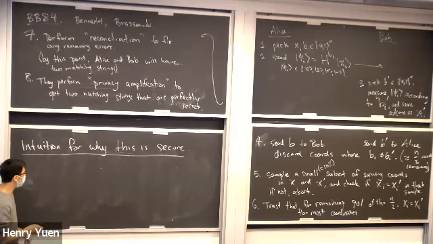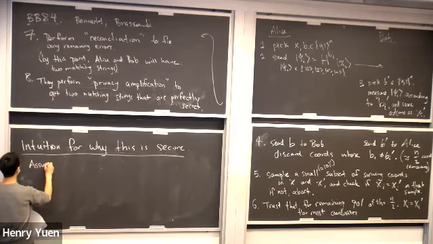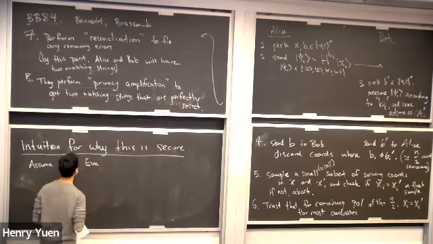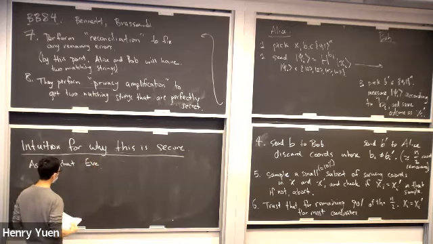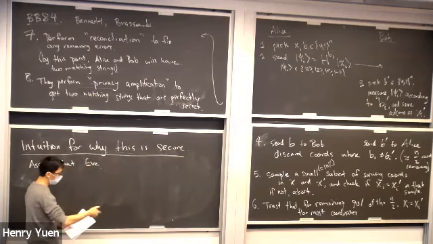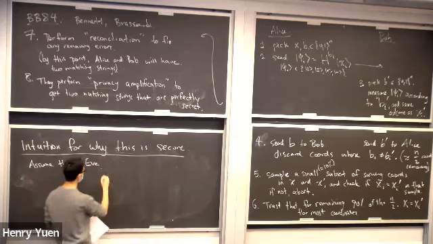But for now, let's assume that Eve does the following attack. Assume that as each qubit is streaming by, she makes a decision. She either just lets it go by, or she decides to measure it.